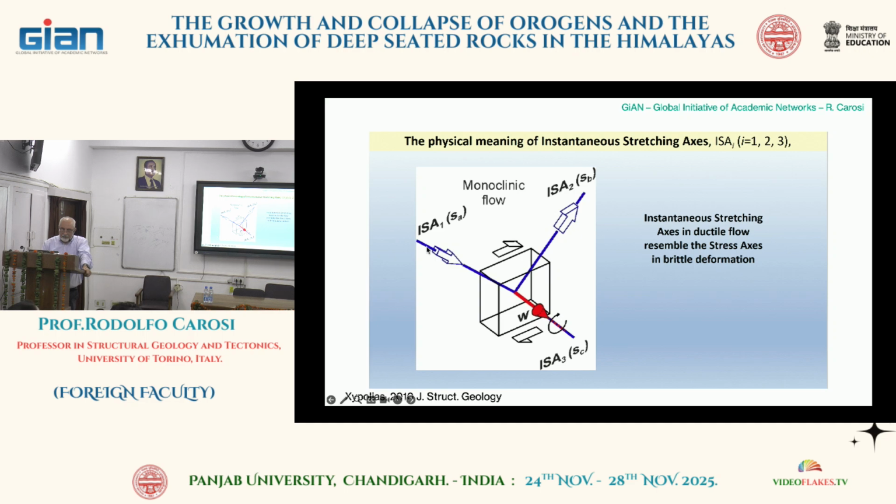So you have the shortening axis, extension axis, and the intermediate axis, maybe X, Z, and Y. And in this case, the vorticity vector is parallel to this axis. Okay?